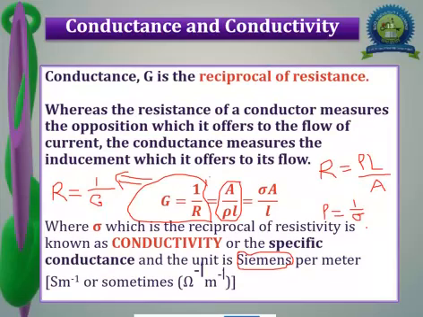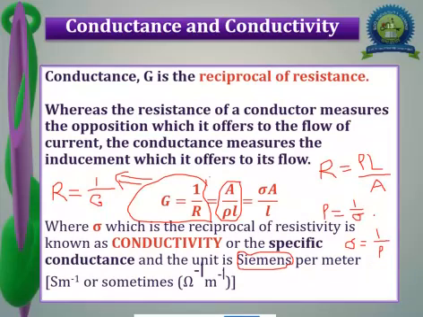Sigma is a Greek alphabet, and that is what is used to represent conductivity. So since conductivity is the inverse of resistivity, I write that my rho is equal to 1 over sigma. I can also write here that my sigma is equal to 1 over rho. Are we together, everyone?